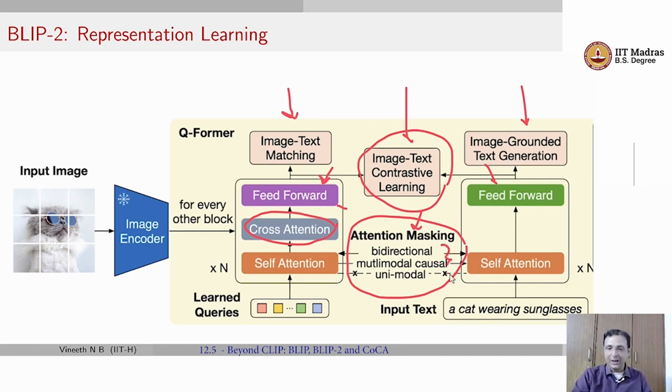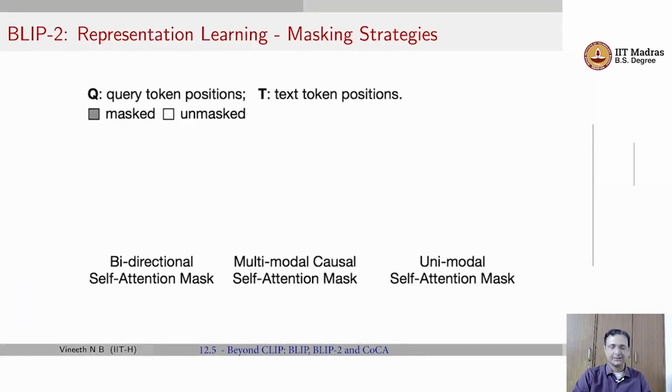They have three different ways of using this attention, each differently for these three tasks: for image-text matching, for image-text contrastive learning, and image-grounded text generation. So let's see those attention masking details next.